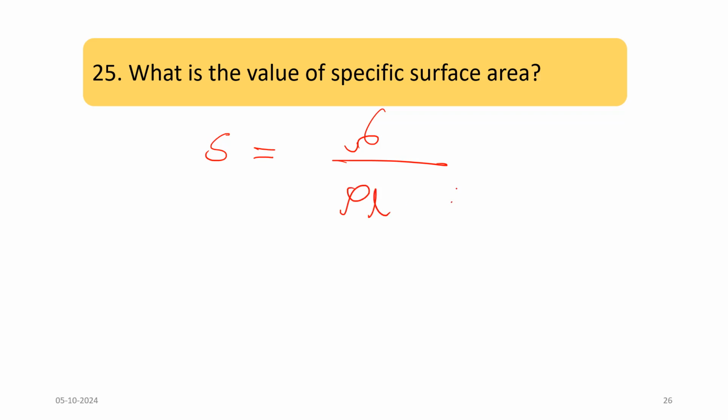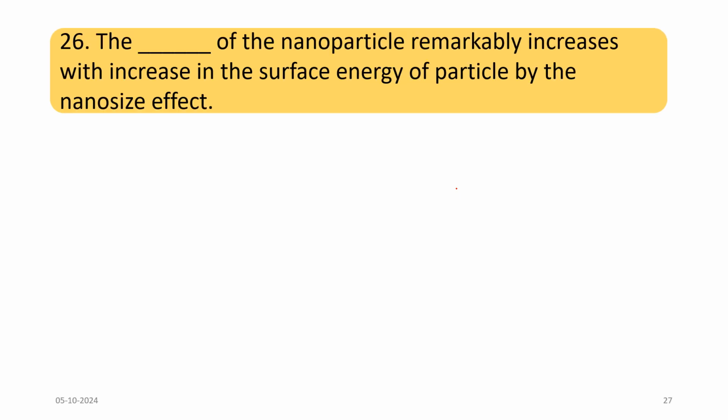What is increased when the surface energy of a particle is increased? The cohesion between the nanoparticles increases with increase in the surface energy of the particle by the nanosize effect, and that is how they form a composite nanostructure.